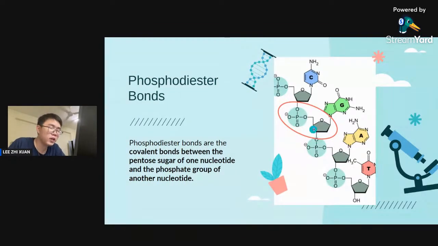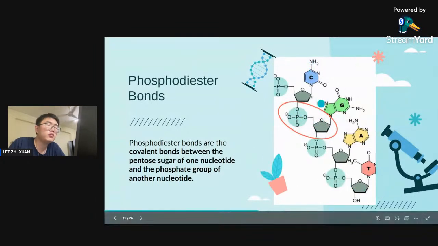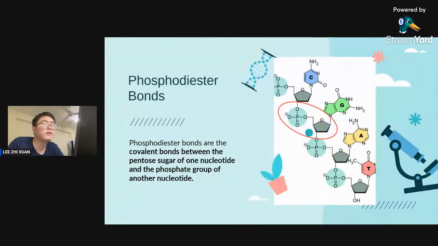phosphodiester bond. If in the exam the question asks you to draw a dimer of the nucleotide, you have to draw like this. You don't need to draw all four. You just draw the upper part, 2 is enough, because the examiner normally wants to test whether you know the location of the phosphodiester bond or not.